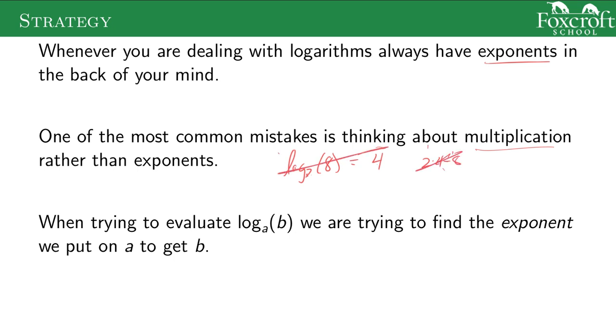We're thinking about exponents. 2 cubed is 8, and that's why the answer is 3. So make sure you're thinking about exponents, which do involve multiplication, but not direct multiplication. And then remember, when you're trying to evaluate a logarithm, you're trying to find the exponent that you put on your base to get the thing on the inside. So the exponent I put on 2 to get 8 was 3.